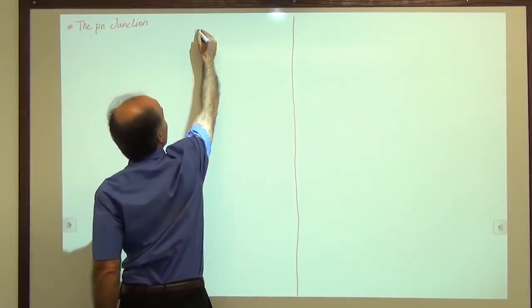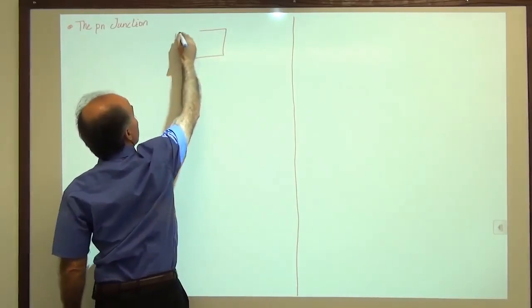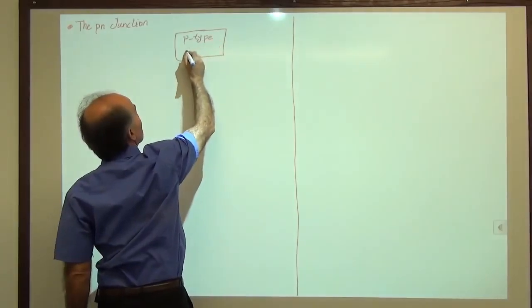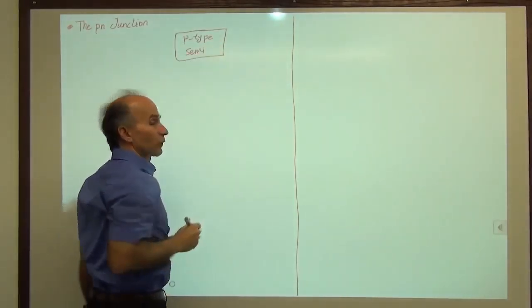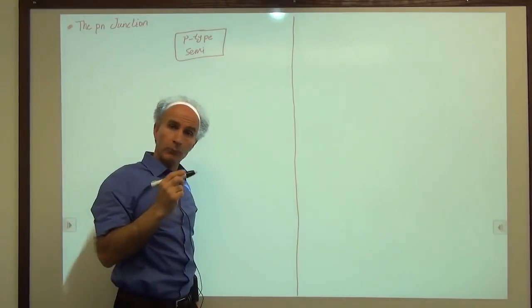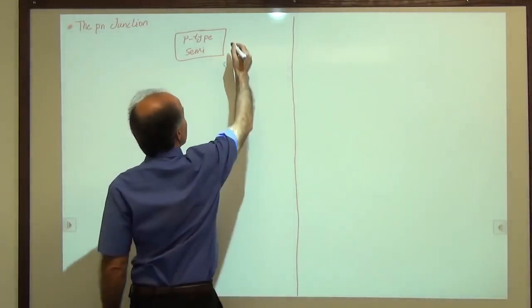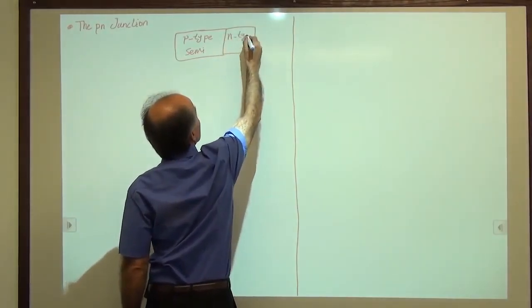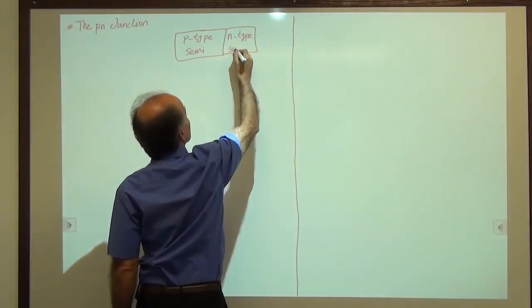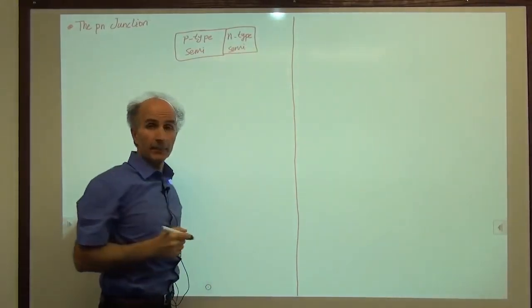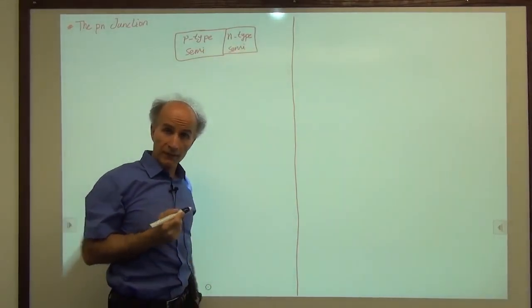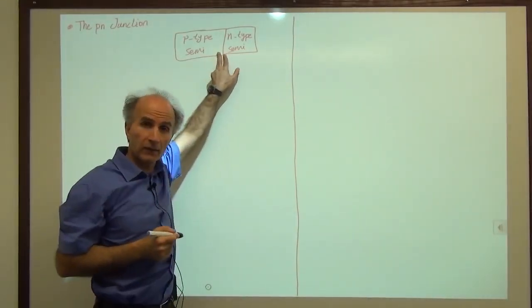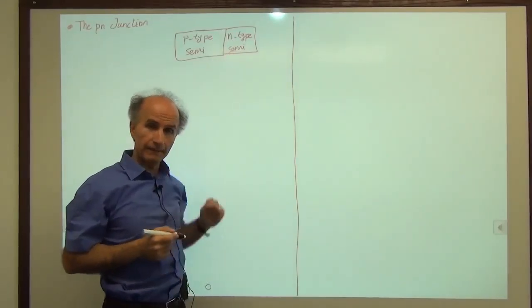We have a piece of P-type semiconductor, for example, silicon doped with boron, and a piece of N-type semiconductor, for example, silicon with phosphorus atoms, and we have attached them together to form a junction right here.